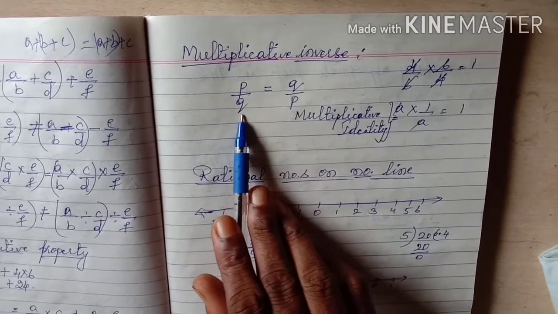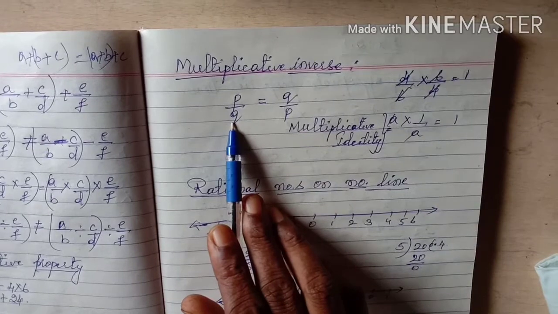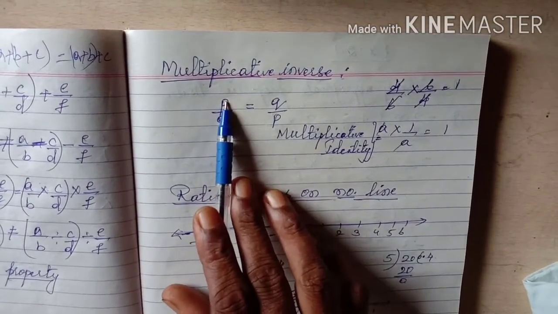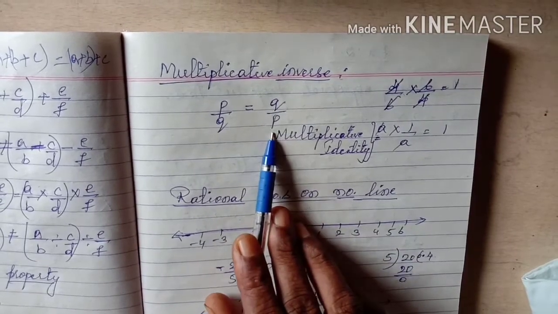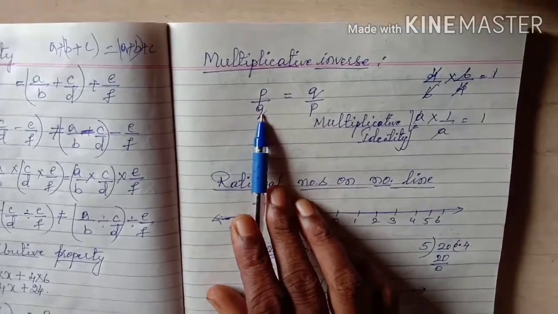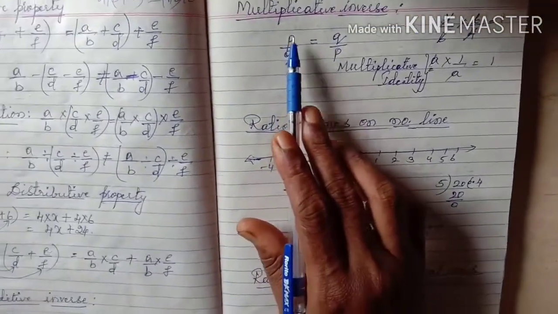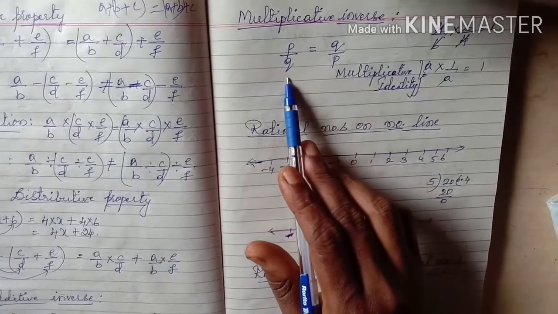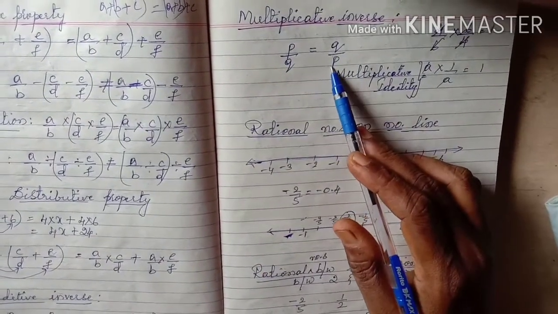And the denominator is q. So if we change the numerator to the denominator and the denominator to the numerator, what we get is q/p. Understood? So, the multiplicative inverse of the rational number p/q is q/p.